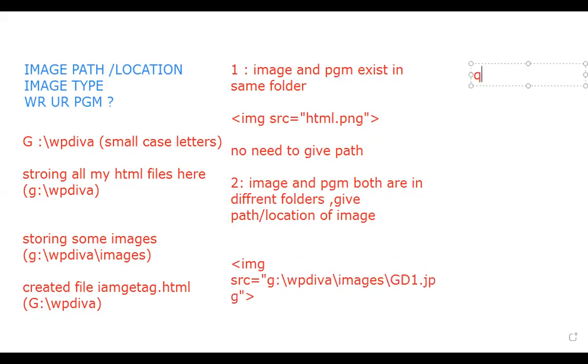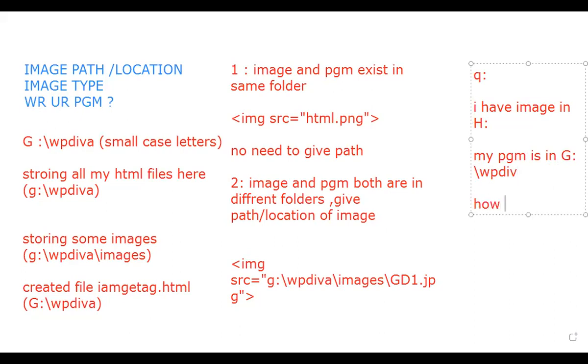Suppose I have the image in H drive, and my program is in G drive, in G colon slash WP division E. How will you take the path?